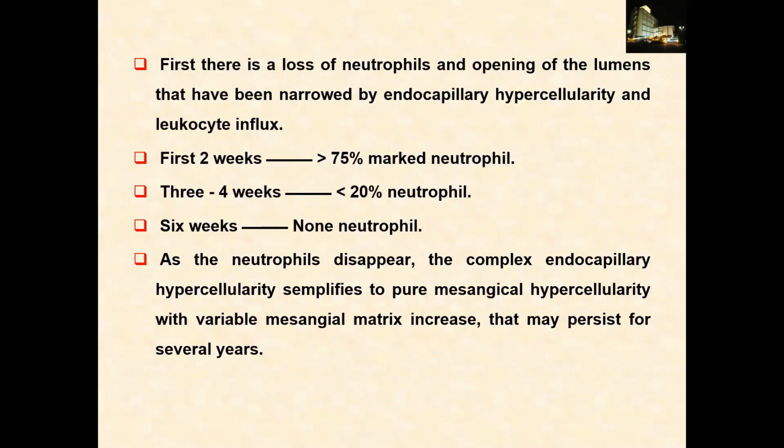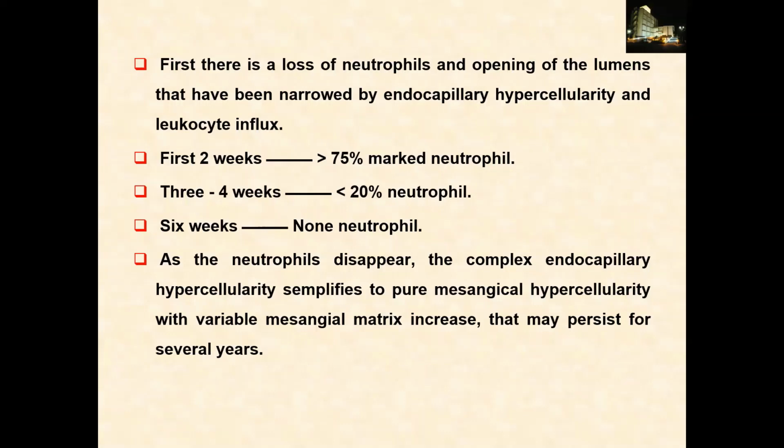In the first 2 weeks of the course, 75% of the endocapillary hypercellularity was composed of neutrophils. Over 3 to 4 weeks, the neutrophils reduce to 20%. After 6 weeks, there are no neutrophils, and the course of this disease is self-limited.